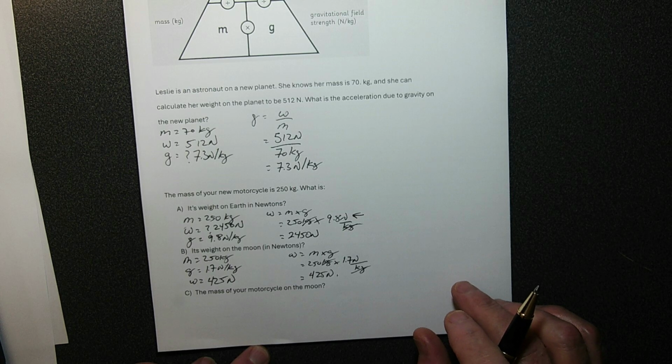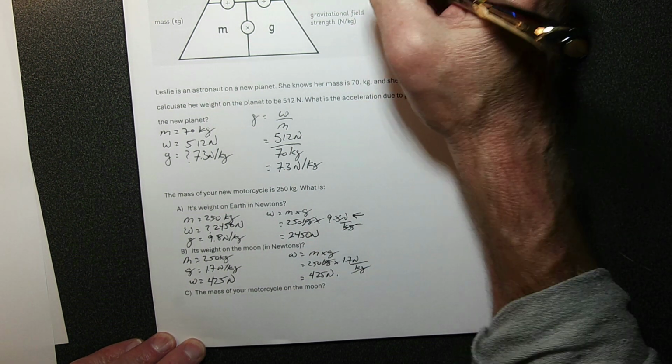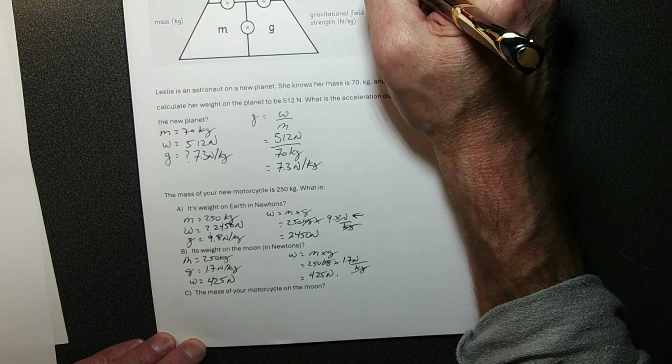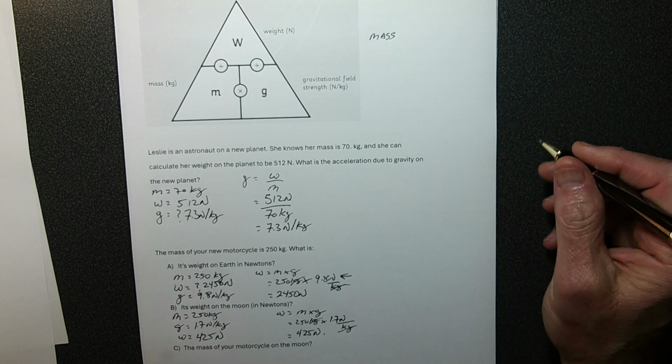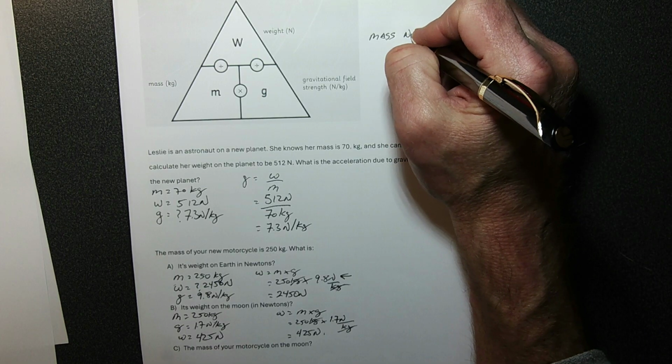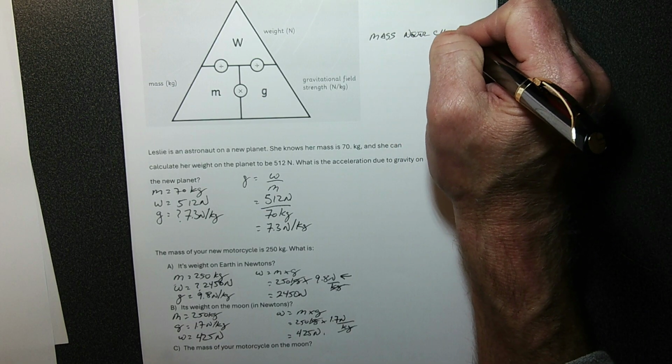Now, the last part of this question is kind of a trick question. It's asking, what is the mass of the motorcycle on the moon? Well, something to remember in these things, when you're figuring out these problems, put a note right on the sheet: mass never changes. Okay?